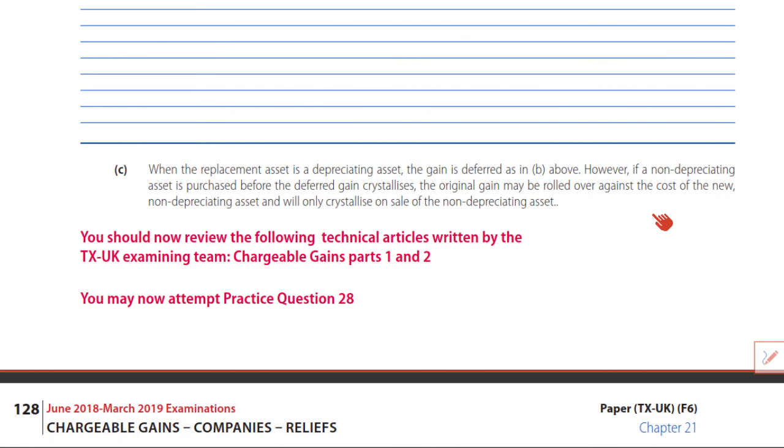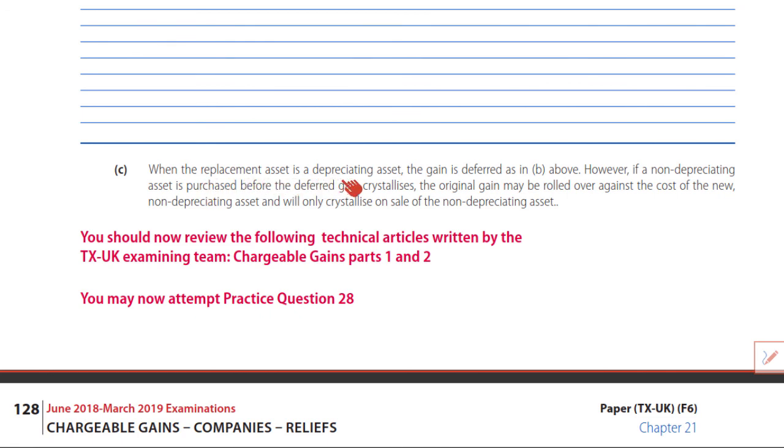But before 10 years, before that deferred gain crystallises, let us say you buy another freehold property. What was then originally only held over could then be rolled over. That's the point that is being made here.